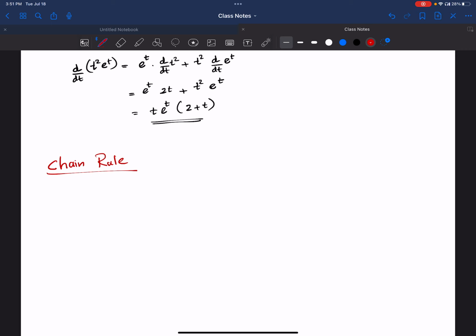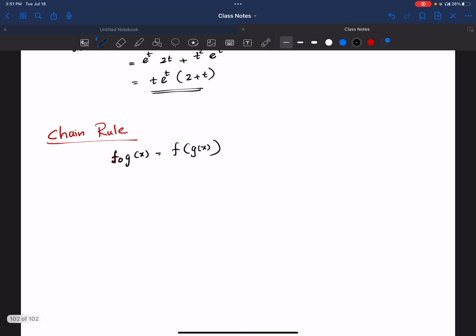So a composite function is denoted by f circle g of x, which is f of g of x. Now let's take an example.